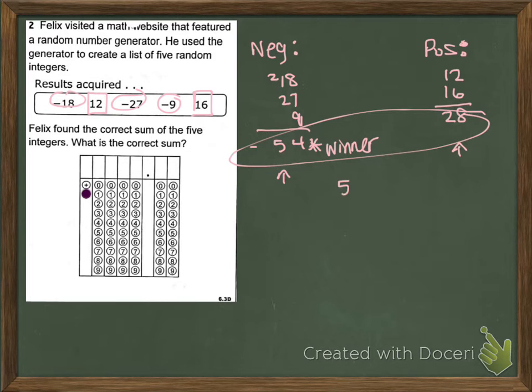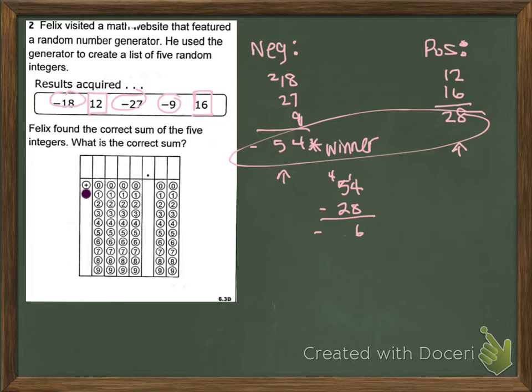So bigger number on top, smaller number on bottom, and then you told me my answer is negative. So I'm going to subtract these numbers because they're opposite signs, which means I need to subtract. I have to borrow right here. 14 minus 8 is 6.